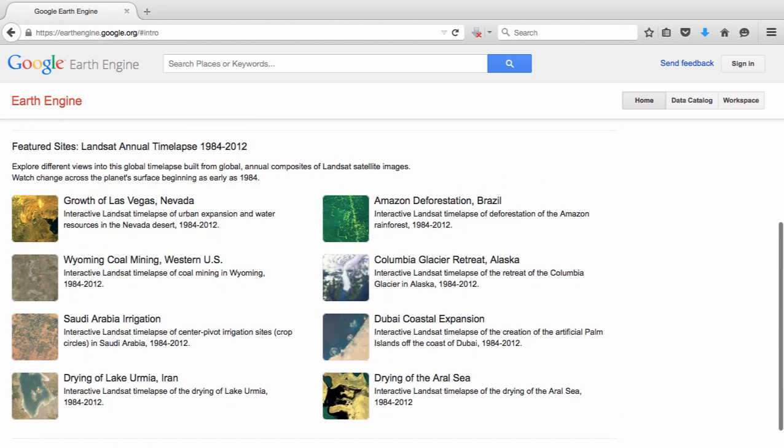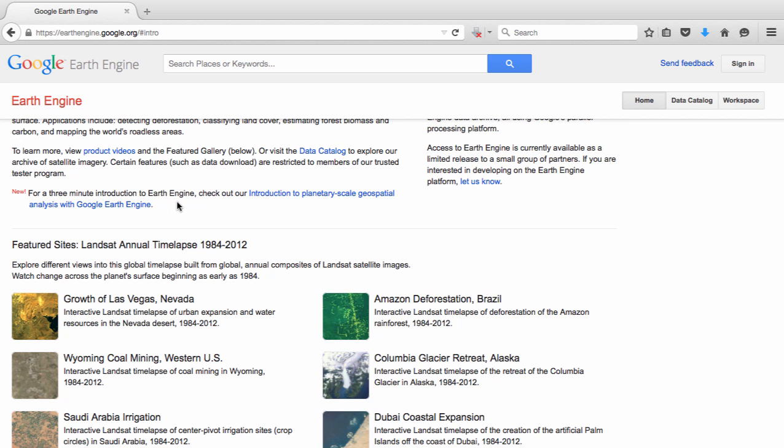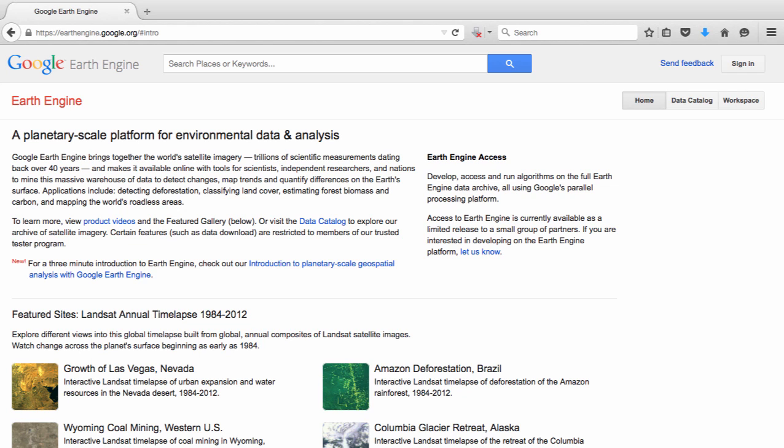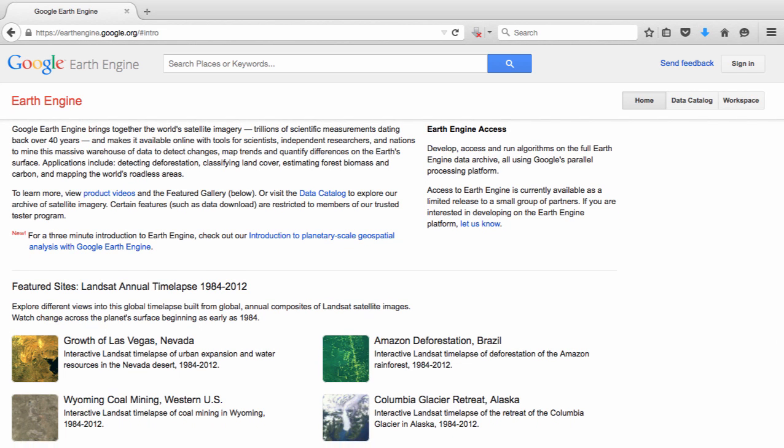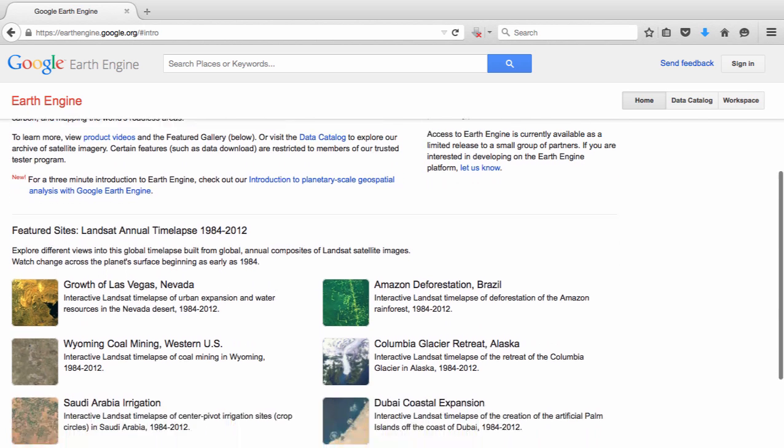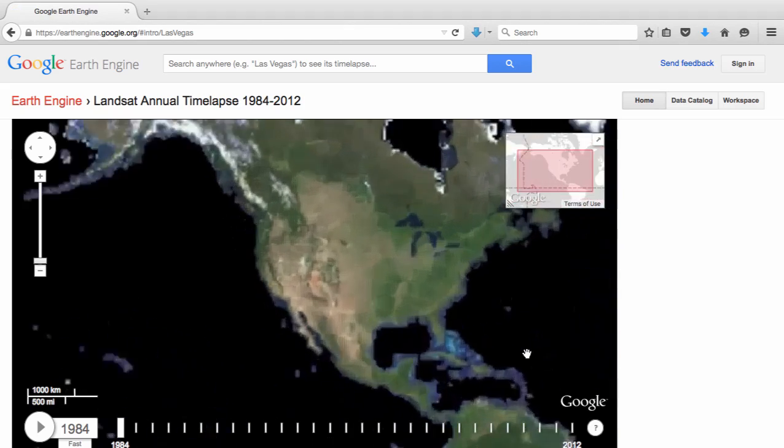There are some very dramatic examples of this. And what's great about this website is that you'll be able to zoom in on a particular area that you're interested in seeing. So you can zoom in on your hometown, or somewhere you've been on vacation, a landscape that you're familiar with, and see the change over time from space.